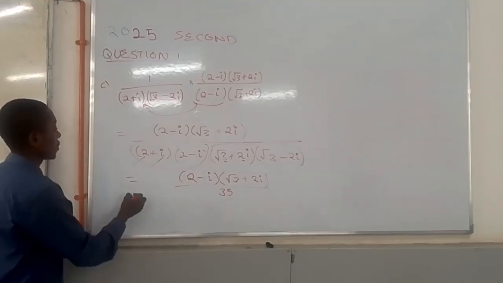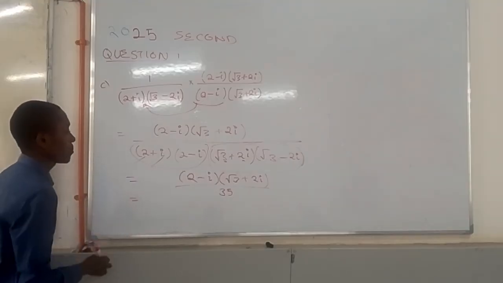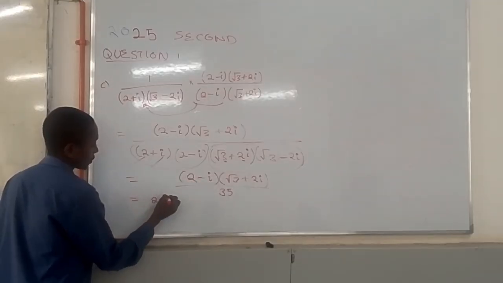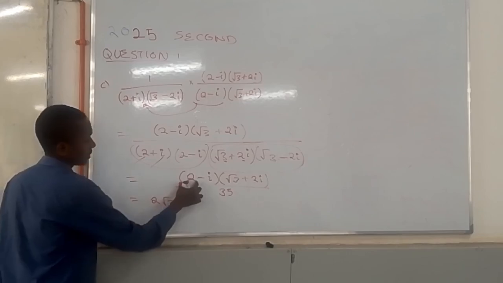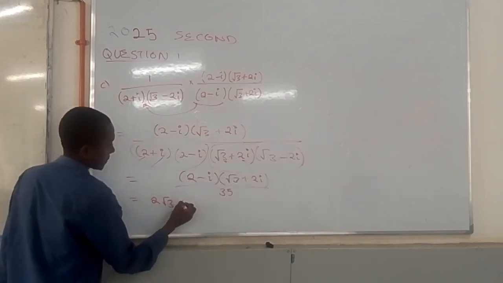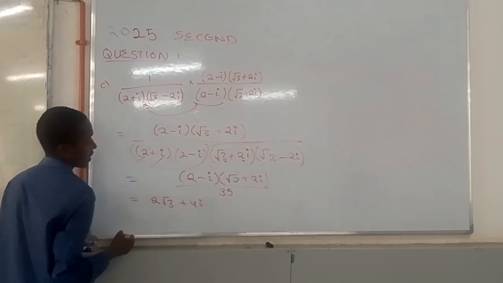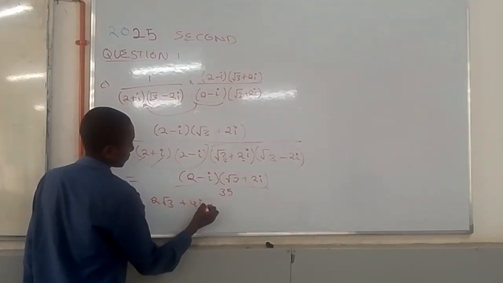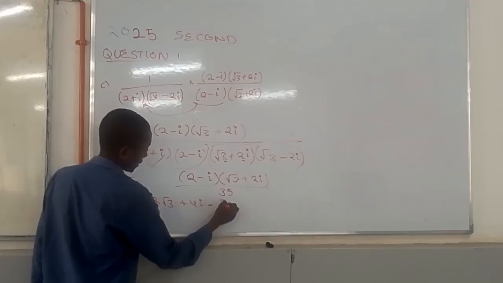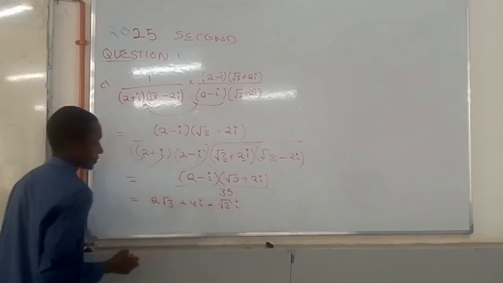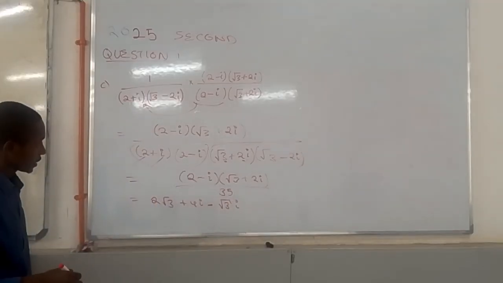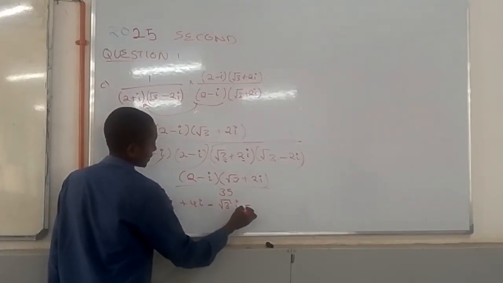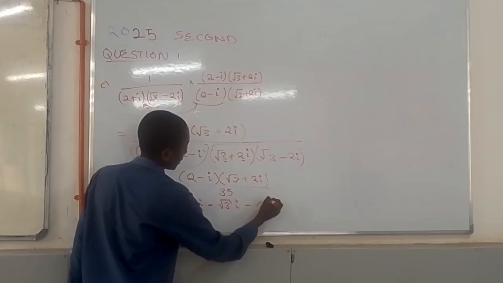Now we deal with the top part. This times this gives us 2 root 3. This one times this one gives us plus 4I. This one times this one gives us negative root 3 I. This one times this one gives us negative 2I squared.